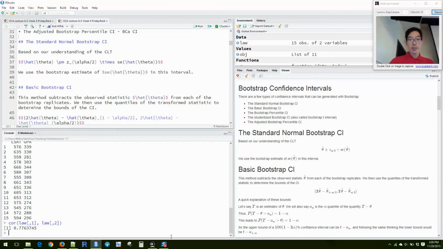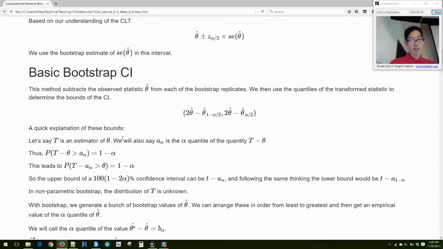The basic bootstrap confidence interval. So this one gets a little bit more odd, but your lower bound is twice the estimated statistic minus the 1 minus alpha over 2 quantile, and then the upper bound is twice the statistic minus the alpha over 2 quantile.